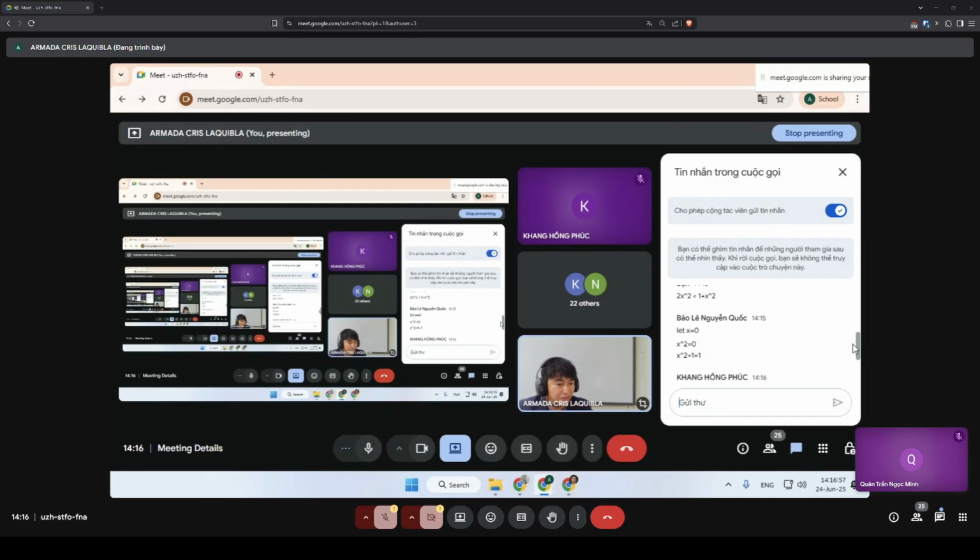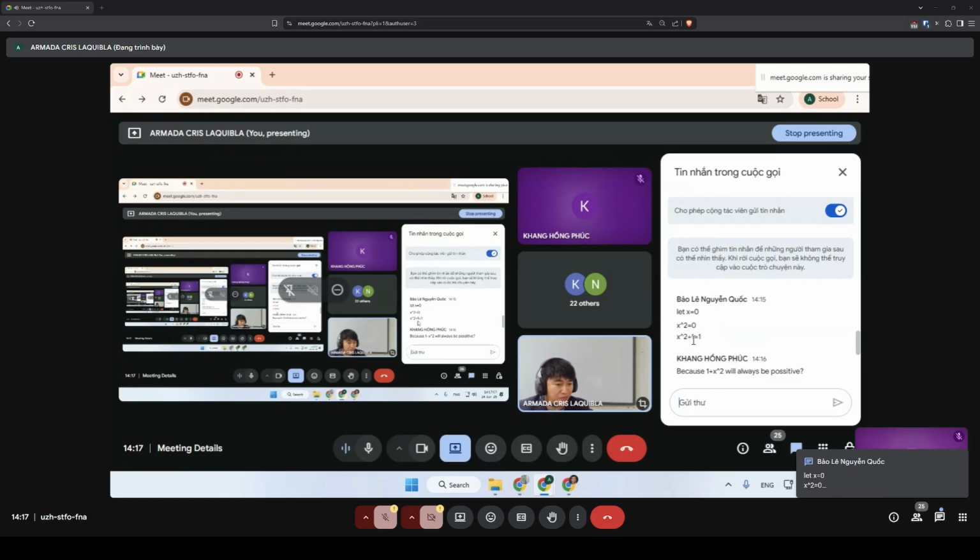Someone has an explanation here. If he lets the x be 0, the 2x squared is 0, while the x squared plus 1 is 1. You have an idea there.